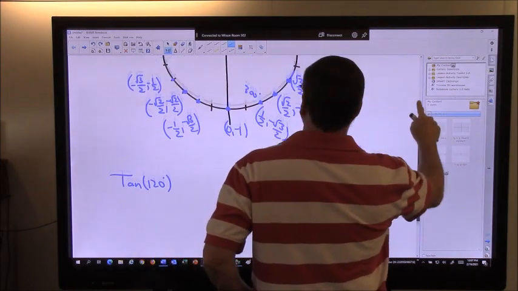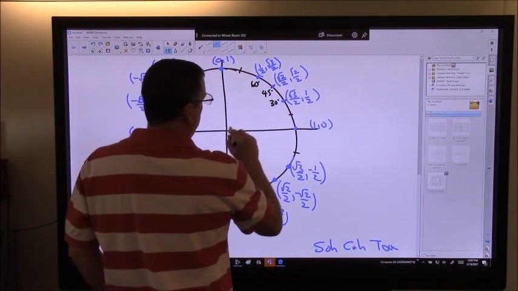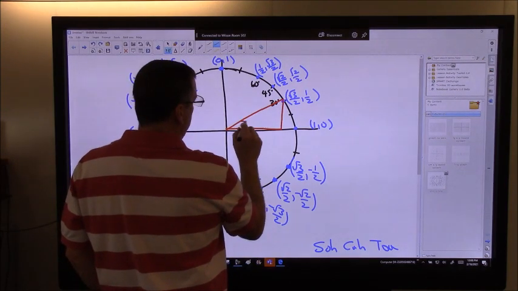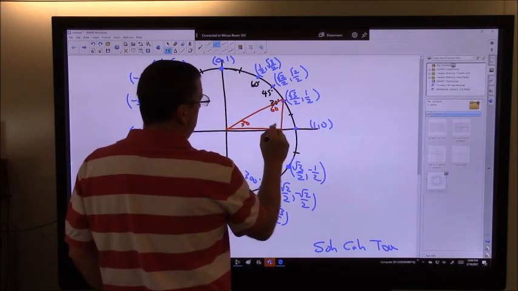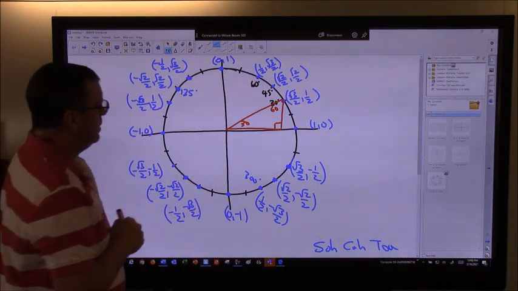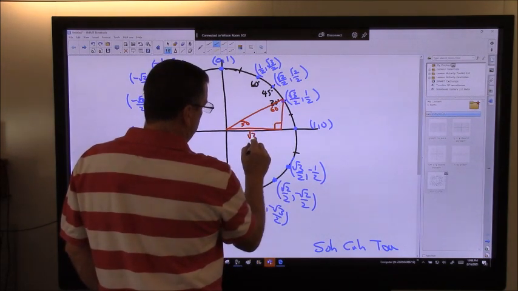Well, if you think about, when I did this, I drew in a triangle that was a 30, 60, 90 degree triangle. And the length of this side is my x-coordinate, root 3 over 2.